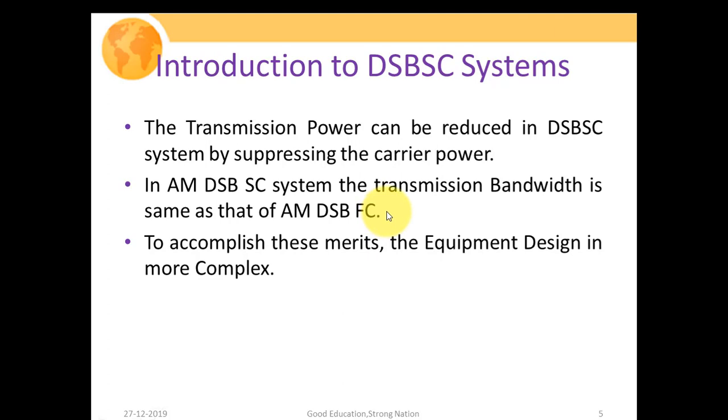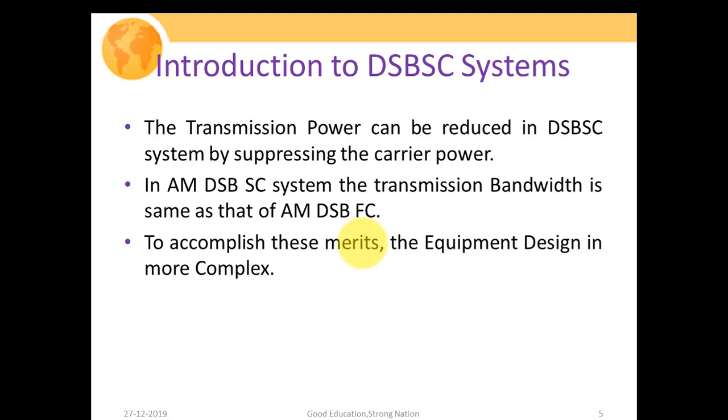Since we are suppressing only the carrier signal and we are allowing both the passbands, the upper sideband as well as the lower sideband, obviously the bandwidth requirement is the same as, or analogous to, our traditional AM system, but we are in a position to substantially reduce the amount of power in comparison to the traditional AM signal. Obviously, to accomplish these merits, the equipment design is more complex.